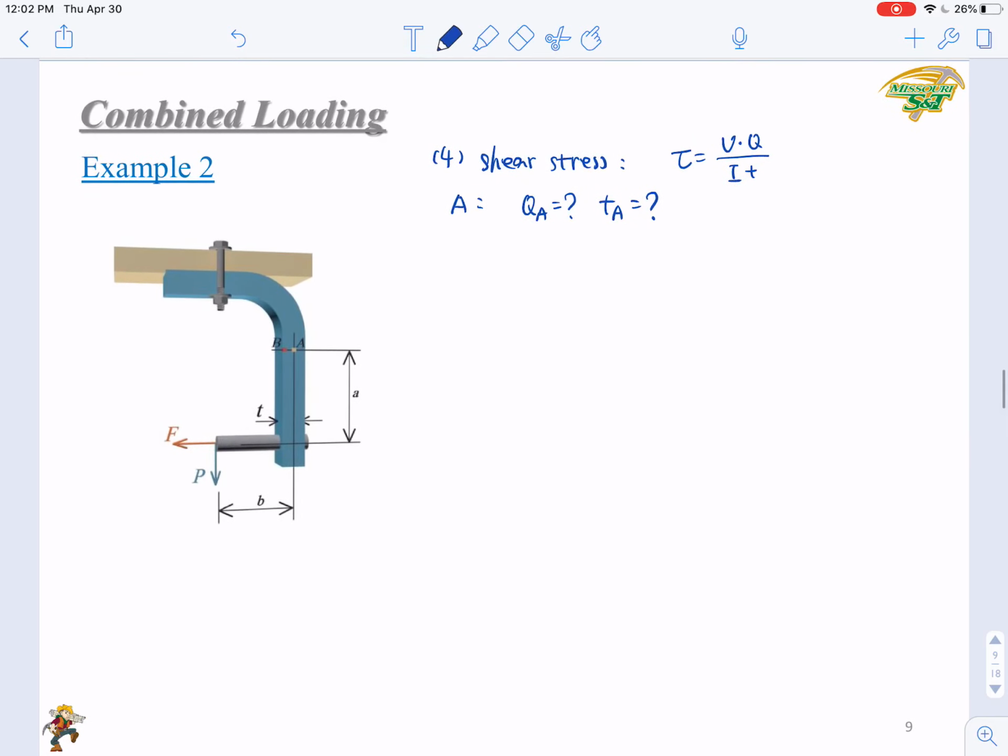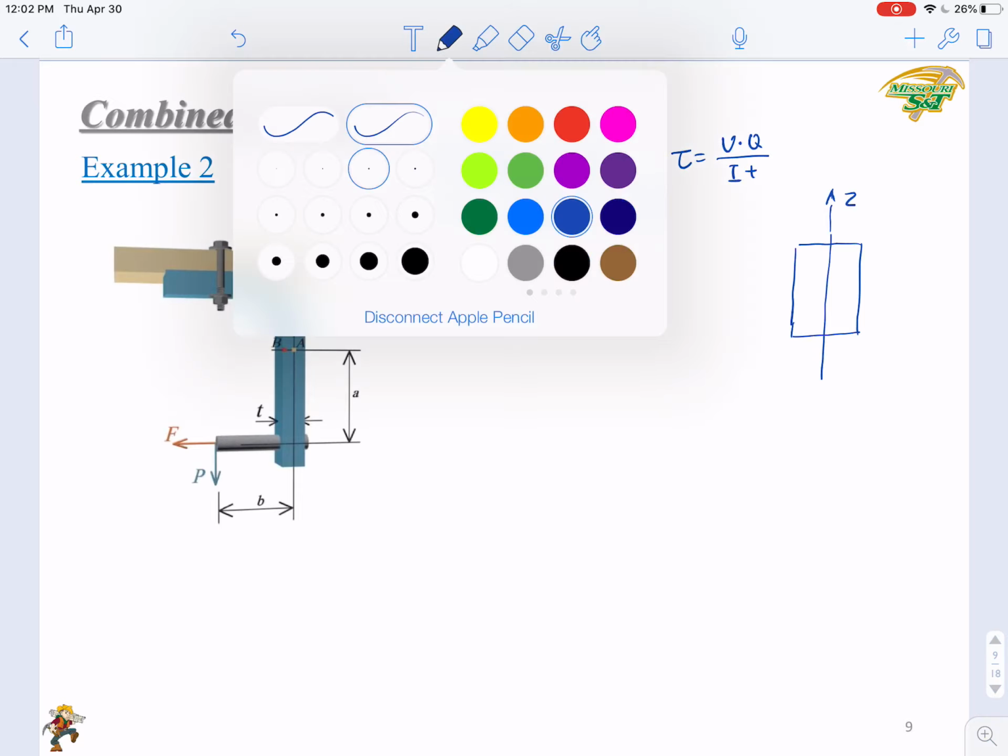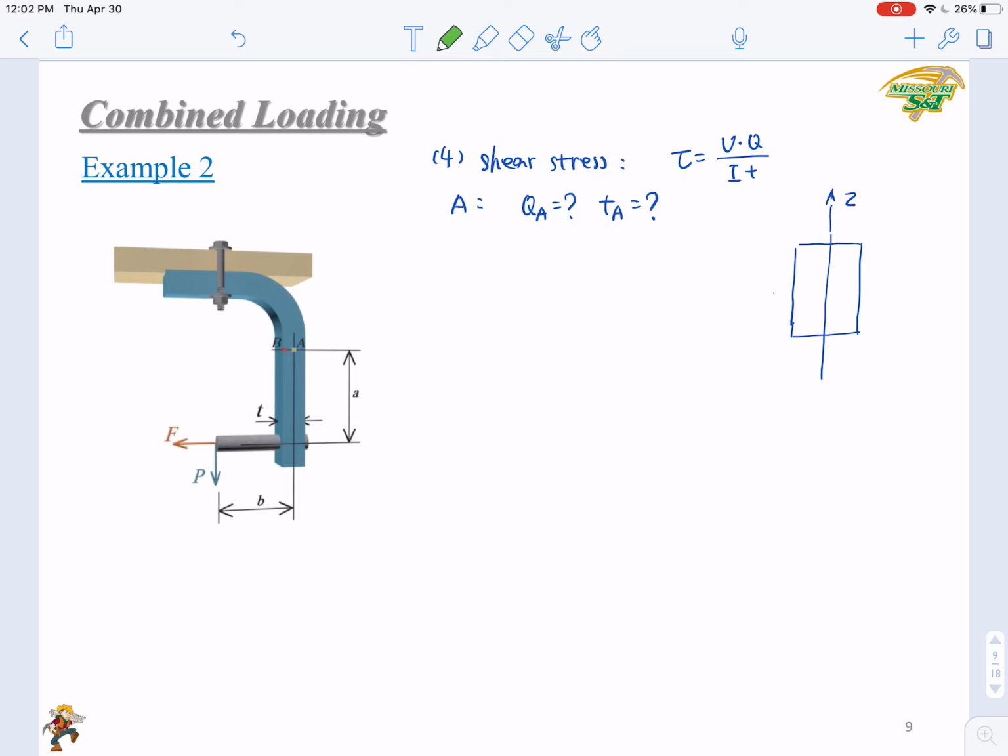Let's draw the cross section again here. This is the z direction, and your V_x is in this direction. The point A is here.